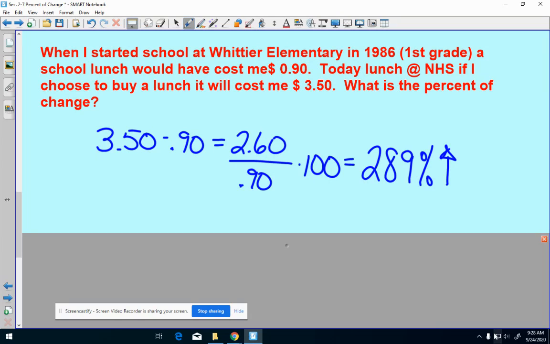Another 90 cents, right? How much is 90 cents plus 90 cents? It is $1.80. Am I paying more than $1.80? Yes, right? How about if I added another 100%? How much would I be adding to this total? Another 90 cents, right?